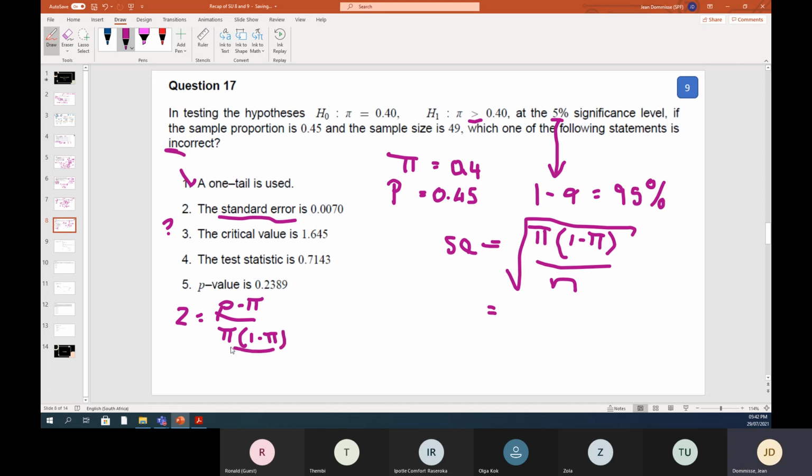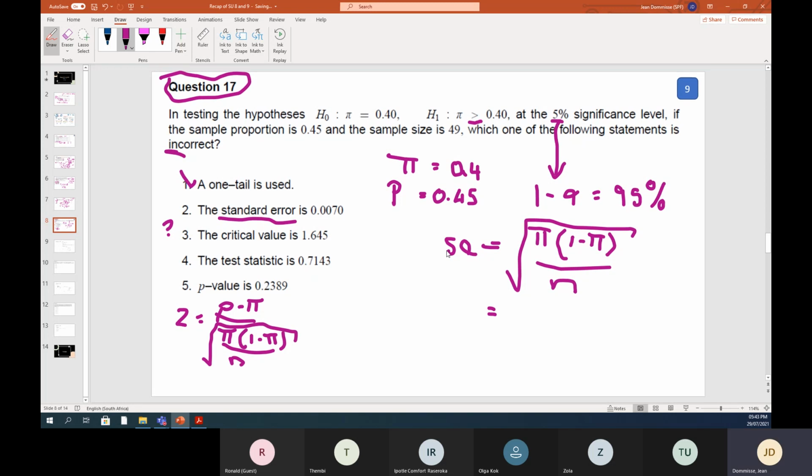Yeah, so this is quite interesting. This is why this specific question is so difficult. I thought first it was easy because you work with a Z, but now you need to work out your standard error.